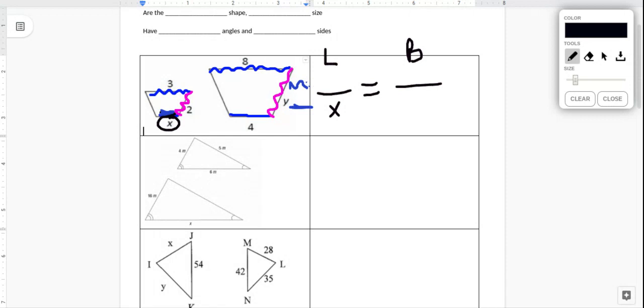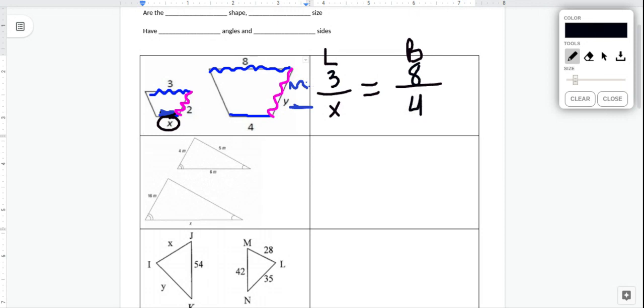Blue squiggle, and that is a 3. That means on our right side, it needs to be our big shape. On top is our blue squiggle. On bottom is our blue straight. So on top, our blue squiggle is that 8. And the blue straight is the 4.